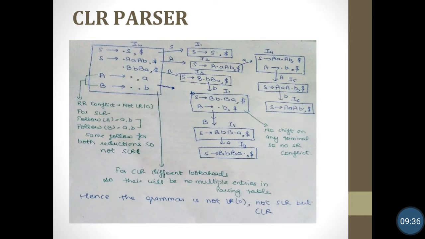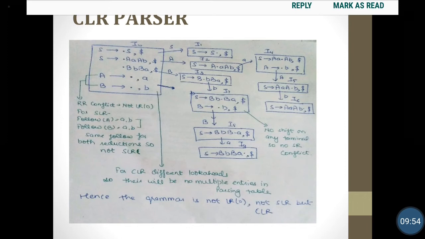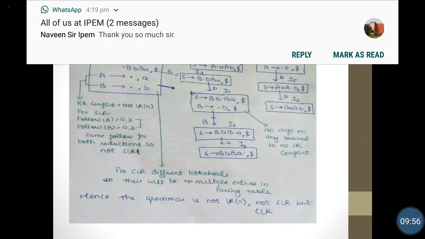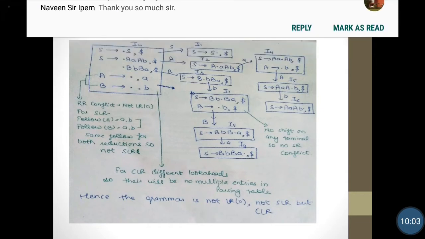This grammar is not an LR0 grammar or SLR grammar, because in SLR we consider follow for reduction entries, and follow of A and follow of B will be the same. But in the CLR parser we are using different lookahead symbols, so there will be no conflict in this parse table.